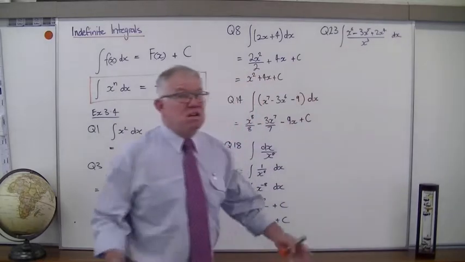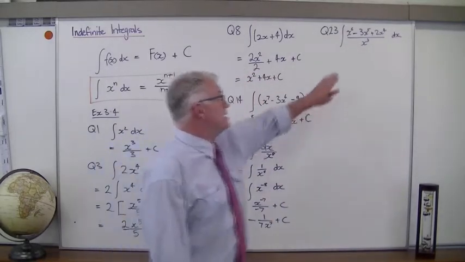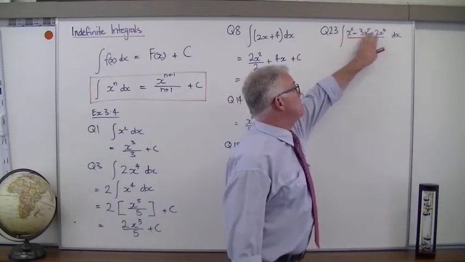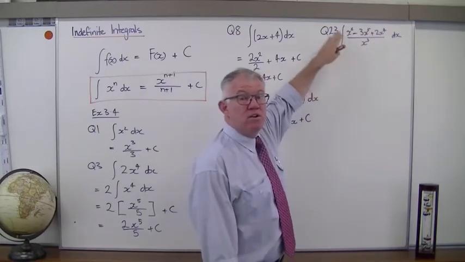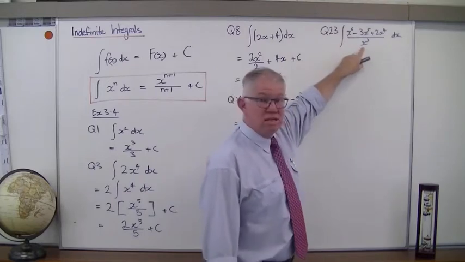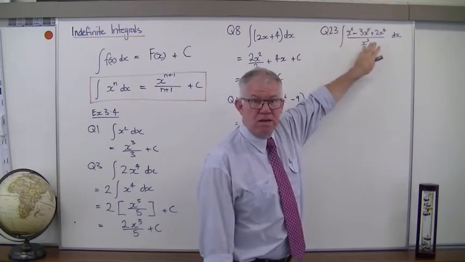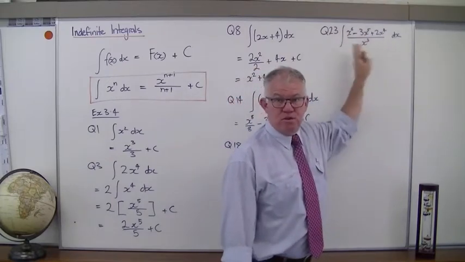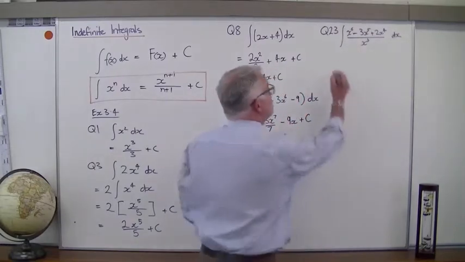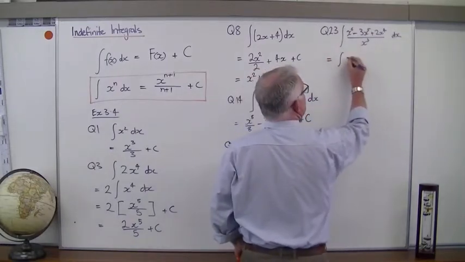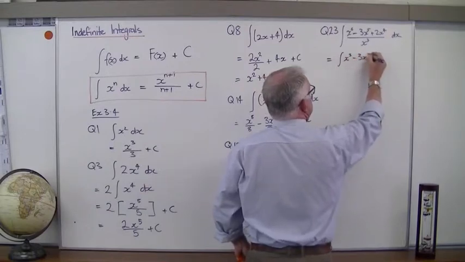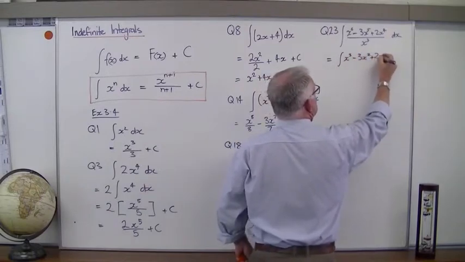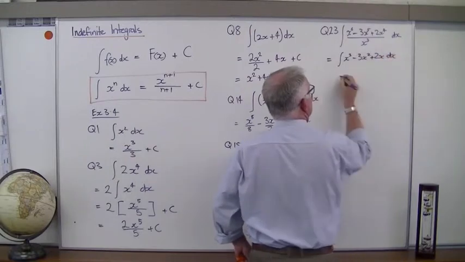What makes it easy is there's a common factor of x cubed in the numerator. So we can divide through by x cubed, eliminating the x cubed from the denominator and eliminating that factor from every term in the numerator. The new expression would be this: x to the power of 3 minus 3x squared plus 2x dx.